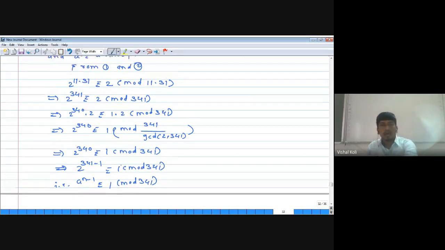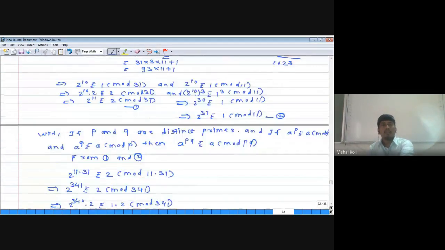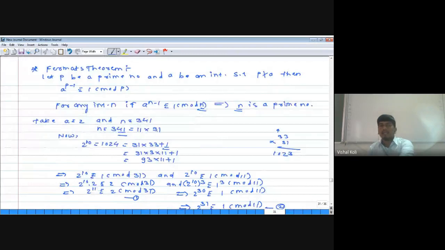Now here we have to check whether 341 is a prime number, but 341 is a composite number since it is a multiple of 11 and 31.